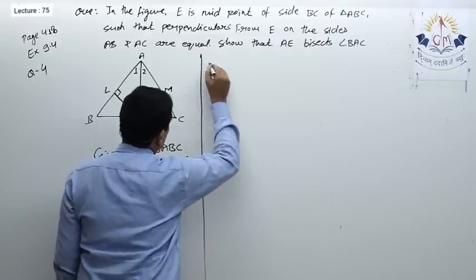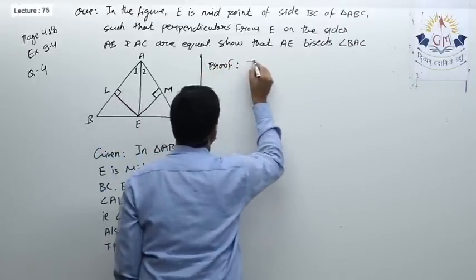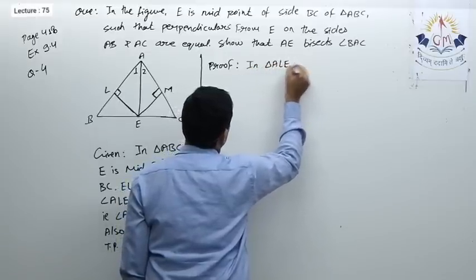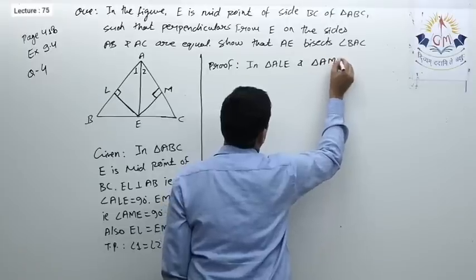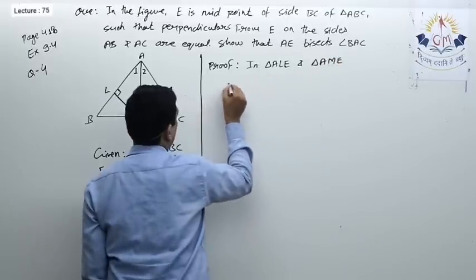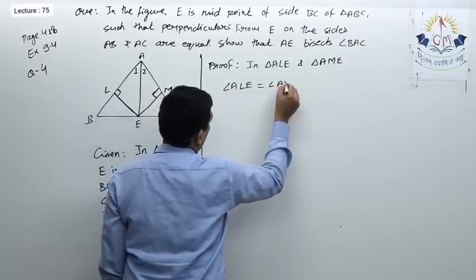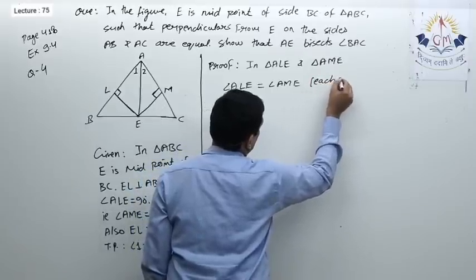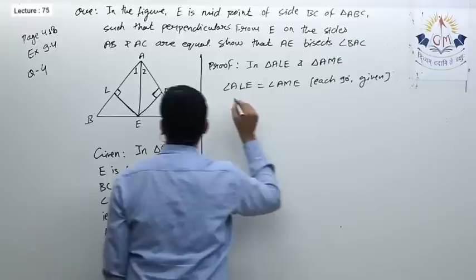Now let us see its proof. In triangle ALE and triangle AME, angle ALE is equal to angle AME, each 90 degrees, given.